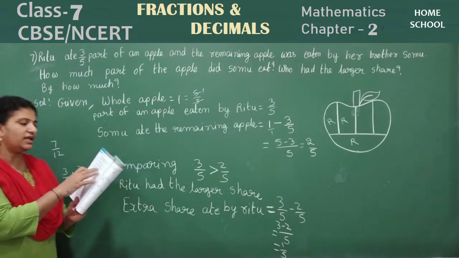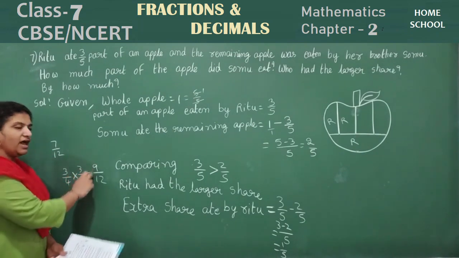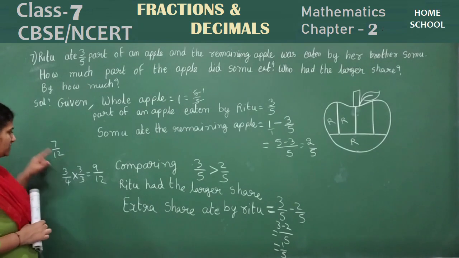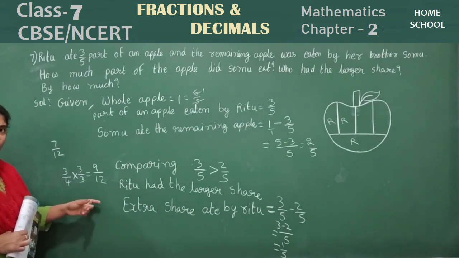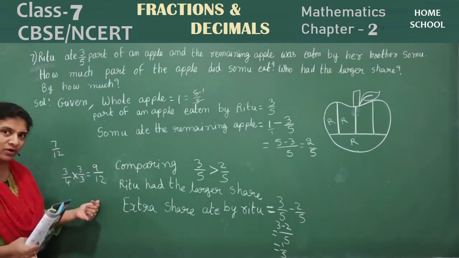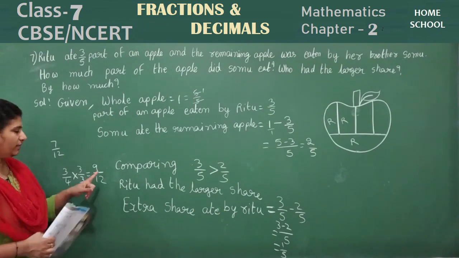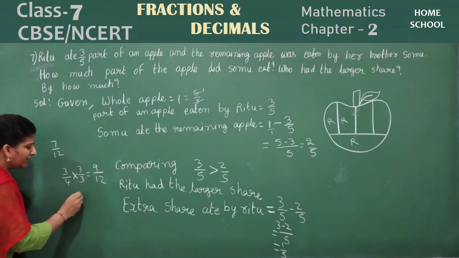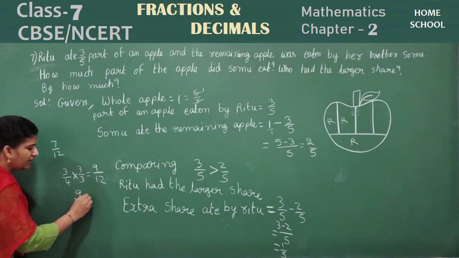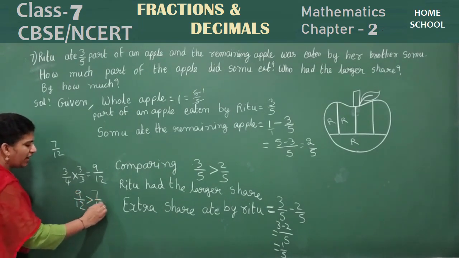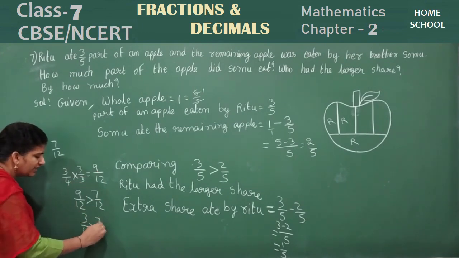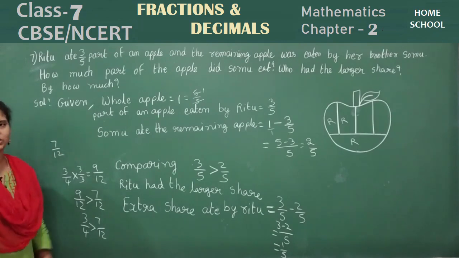Vaibhav finished coloring the same picture in 9 by 12 hour. Who worked longer? So observe here, denominators are same. Who worked longer? Vaibhav worked longer because 9 by 12 is greater. So what you can write here? 9 by 12 is greater than 7 by 12. 9 by 12 is nothing but 3 by 4, which is greater than 7 by 12.